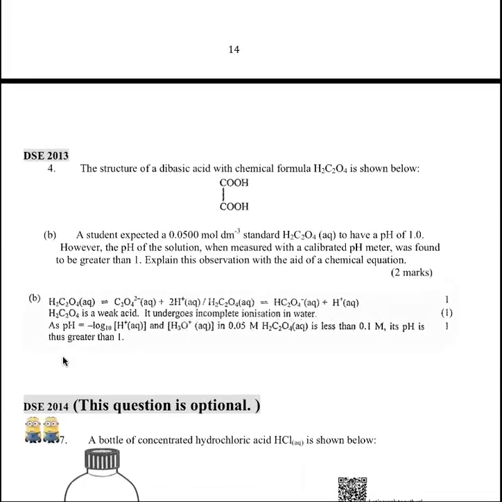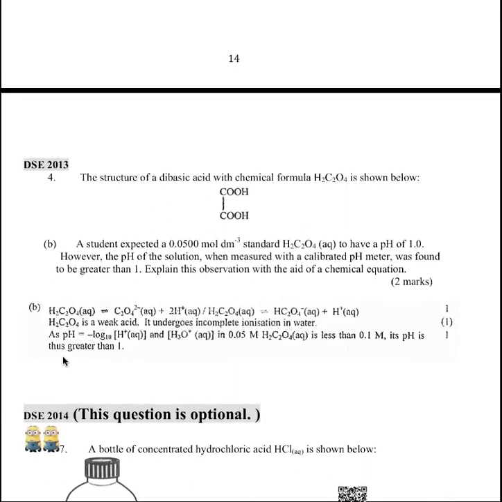And the last one here asks you to explain this observation with the aid of a chemical equation. Similar to the previous one, first you need to write the reversible reaction to show that it's a weak acid. That's a formula, and then it will ionize to give hydrogen. If you remember the formula, only take a look at this part.